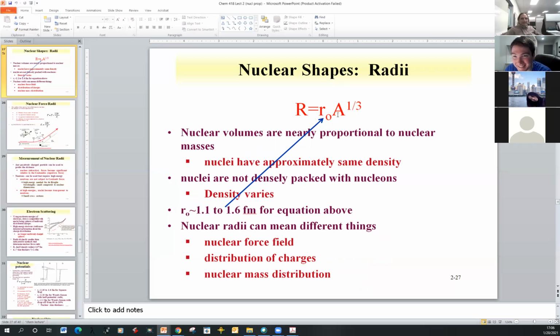If you had a cup of nuclear matter, just the nucleus, it would fall through the earth. So for an exam question, I'll ask you to calculate the density of a nucleus, and then also look up the density of a neutron star, and you will see that they're similar.